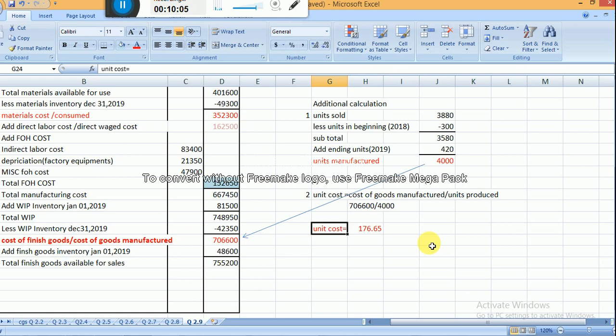Number of units is also given, 4,000. Clear?